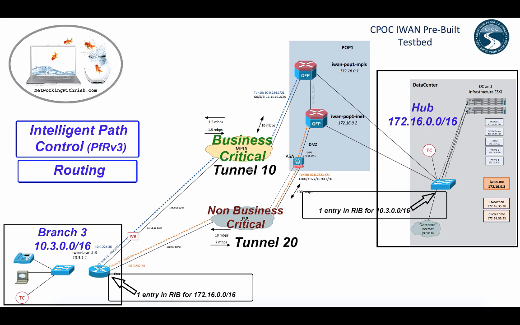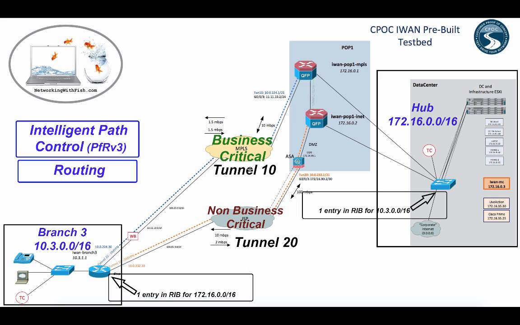The question is if we're going to send the business critical traffic, for example, let's say EF, AF41, AF31, so the traffic that is going to the hub 172.16.0.0/16, and we're going to say, hey, EF, AF41, and AF31, you're going to go ahead and use the MPLS. But AF11, you're going to go ahead and use the ISP.